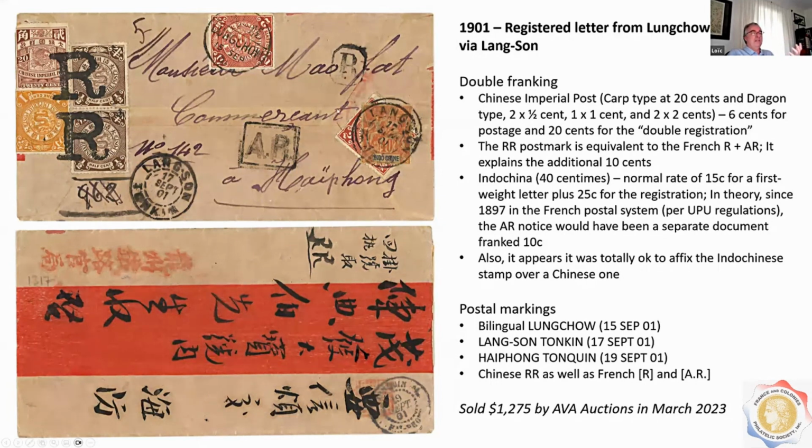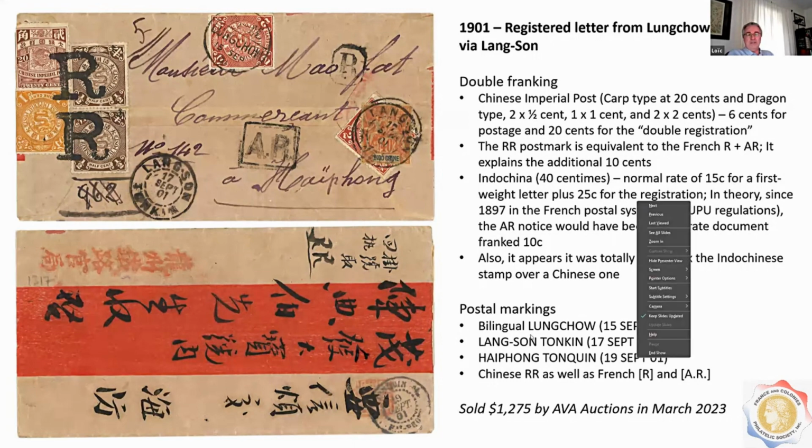Maybe the postal agent at the border would write the address in French, basically, so it could be used by the Indo-Chinese Postal Service, while the Chinese would have been meaningless for a French agent. Of course, for the local population that was involved in the mail, most likely they would have been able to write and understand Chinese if they were educated enough. So that's something to be taken into account.